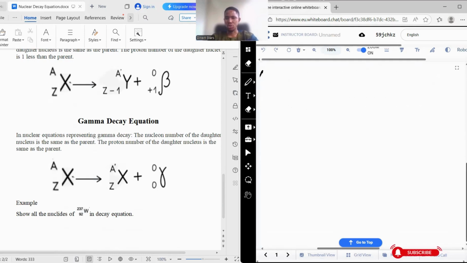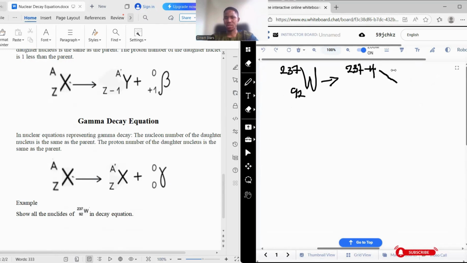So let's solve a question to denote everything. The question is, show all the nuclides of uranium-237 with 92 protons in decay equations. When alpha decay occurs here, it gives out a daughter nucleus of 237 minus 4.